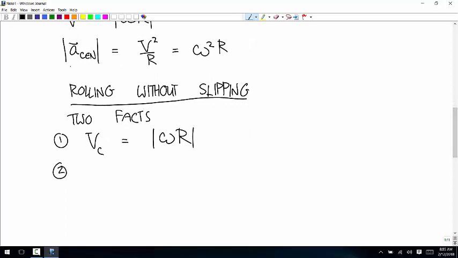And the second thing is that the acceleration of the center is equal to the absolute value of alpha r. And these are both parallel to the surface.